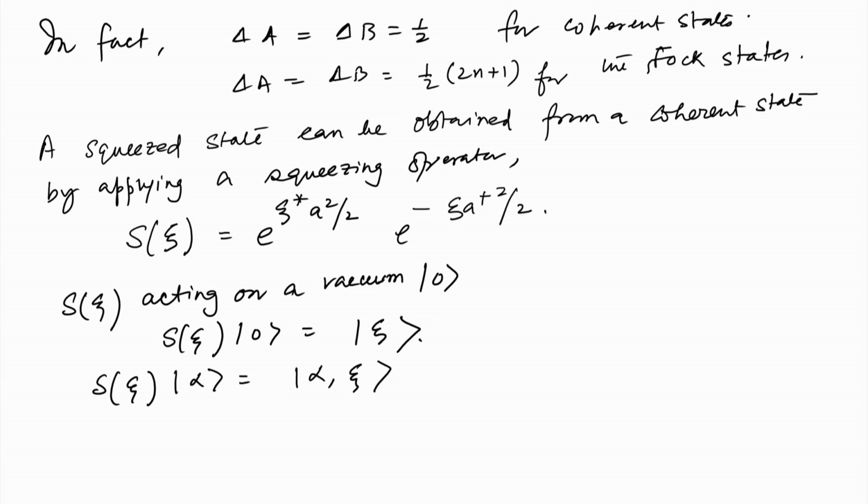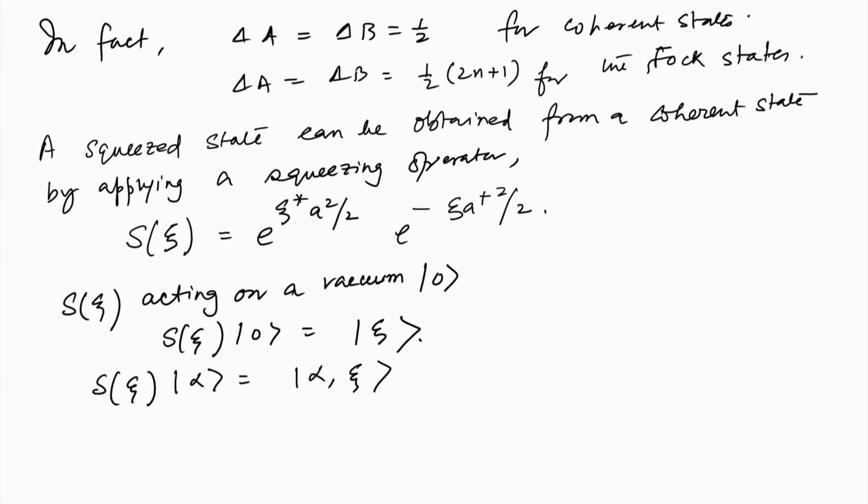So, S xi operating on the trivial coherent state gives xi, and S xi acting on a coherent state gives another state which is alpha xi.